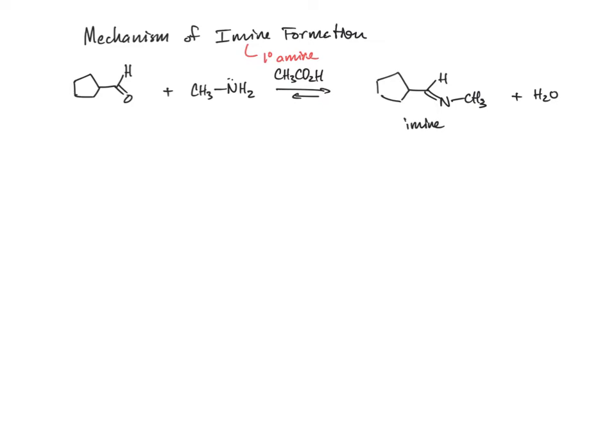So what is happening first here? We're going to do activation of the carbonyl. This is going to be our base. This is going to be our acid. So we're going to protonate this. It's going to be step number 1. I'm just going to show this as H plus for now.